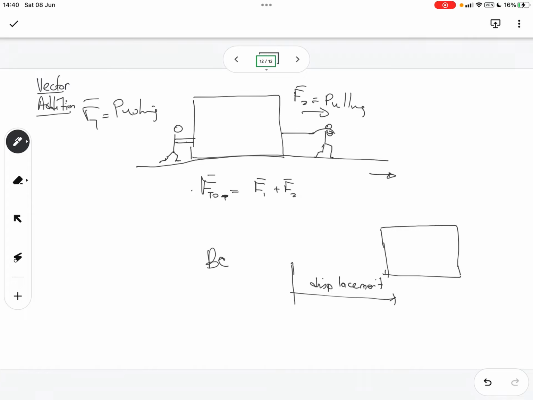Then this displacement, which is a vector, shows us that before the box was here, but now after the box is here. So when the box is at a different location, it's been displaced.